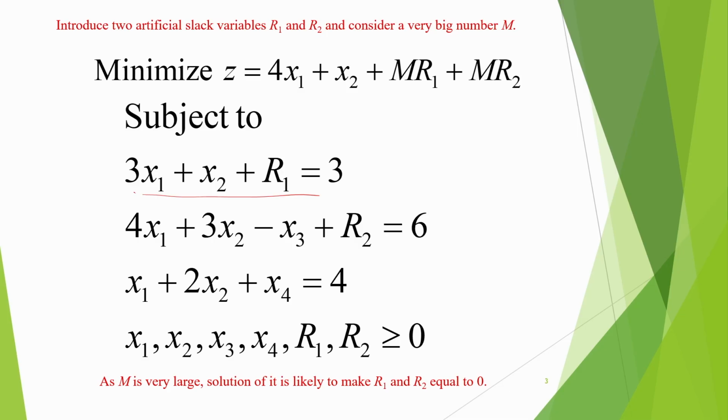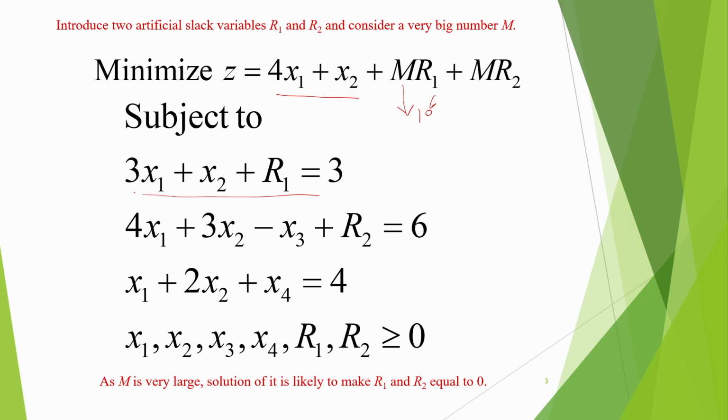And consider a very big number M. Suppose this is a minimization problem. So, minimize z is equal to 4x1 plus x2, we want to do that only, but we have added M R1 plus M R2. That means M is a very big number, it may be 10 to the power 6 also, but usually even 100 or 150 is enough, but it should be somewhat bigger.